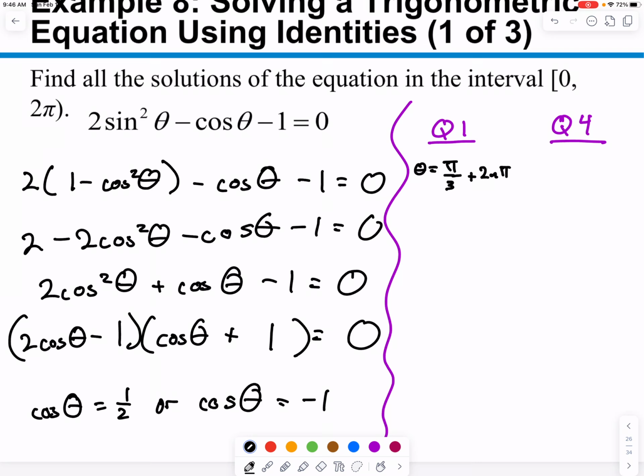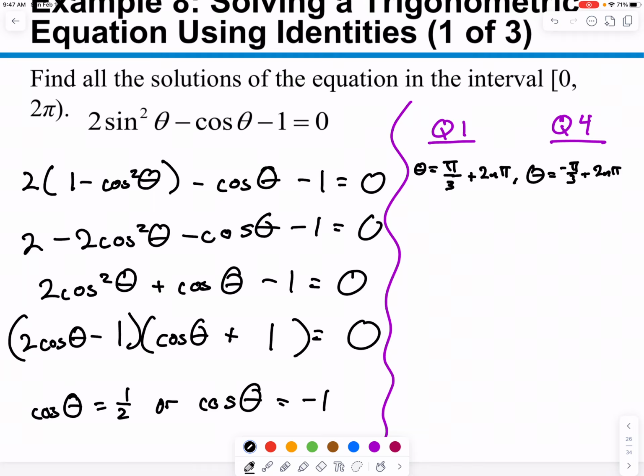And then quadrant 4, we said 60 degrees off the x-axis in quadrant 4. It's really a negative pi over 3, right? So I'm going to write it as negative pi over 3 plus 2n pi radians.